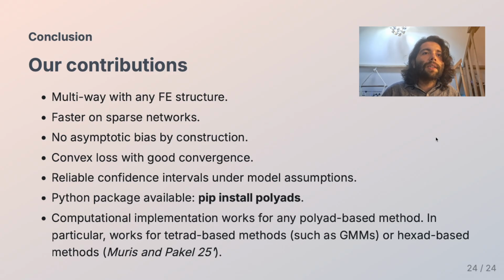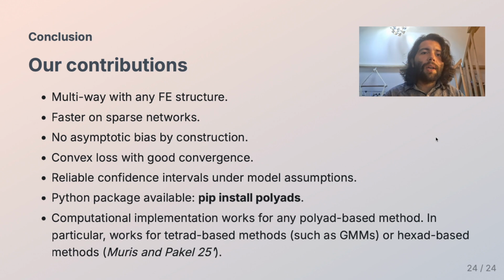So, for instance, there is some literature on the two-way case using tetrad-based methods. Jochmans has some interesting GMM estimator. There is also literature for the three-way case on hexad-based methods, for instance, the paper by Marí and Pechel.